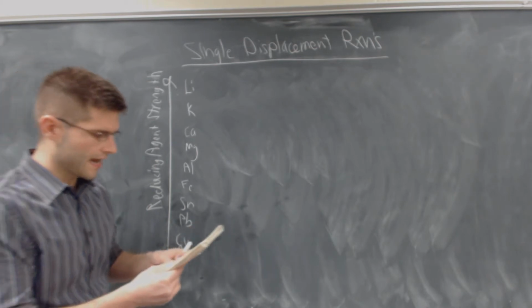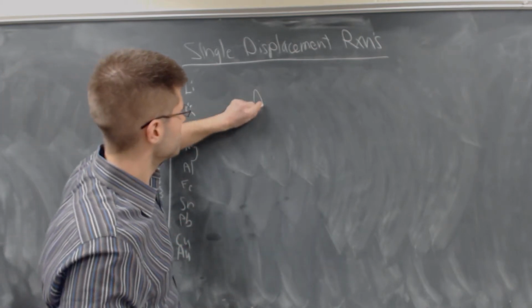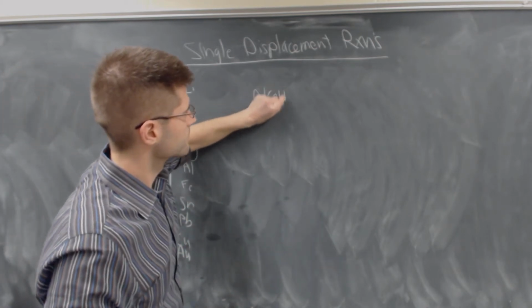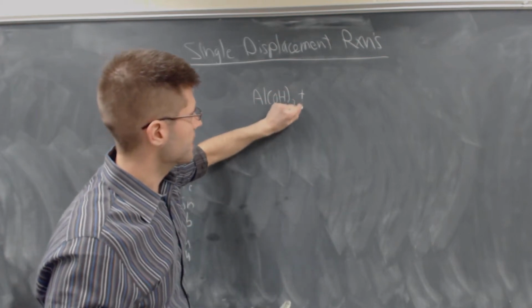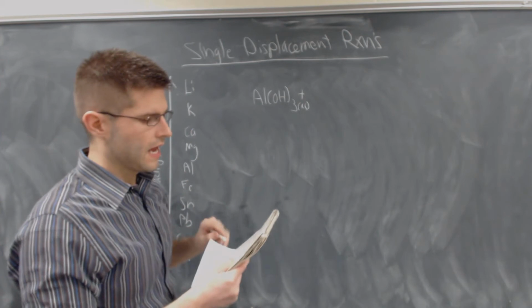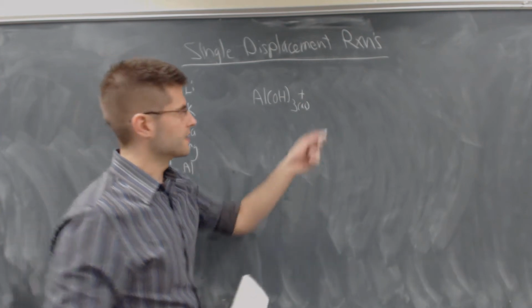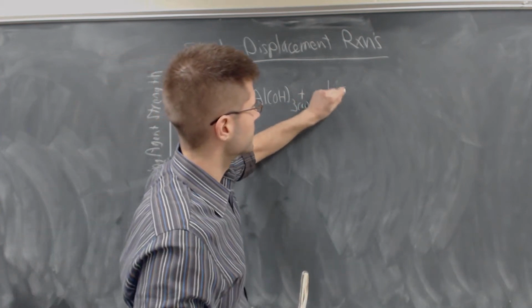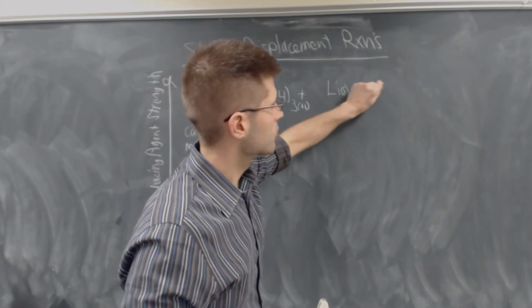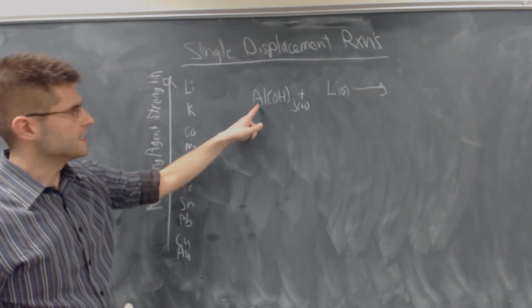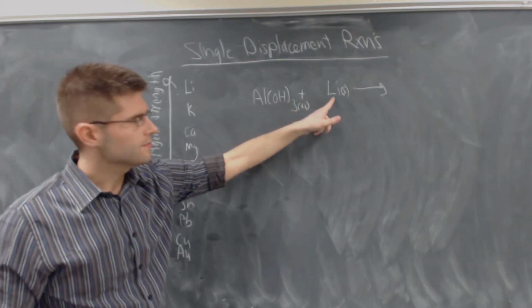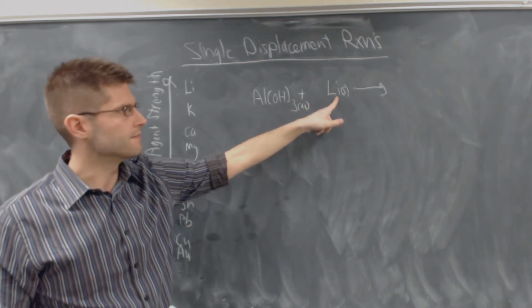So let's see what happens here. Let's take a reaction between aluminum hydroxide, which will be aqueous, a strong base, and we're going to try and react that with solid lithium. We're going to try and predict if a reaction does take place. Lithium can potentially be a cation, it's a metal.